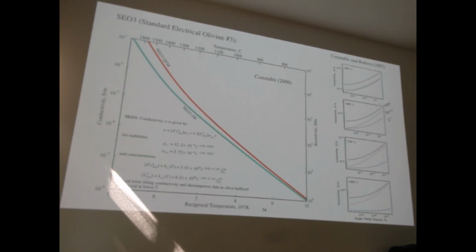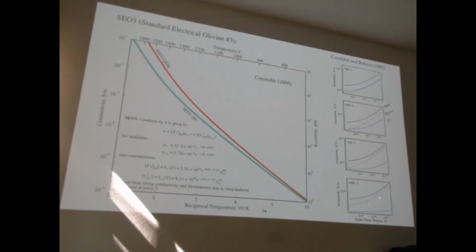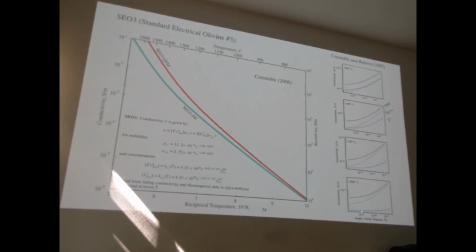So olivine conducts in two ways. At low temperatures, we have these polarons hopping between iron atoms, and at high temperatures, it's magnesium vacancies. I wrote a paper with a colleague, Jeff Roberts, where we pulled this whole system apart with some laboratory measurements. And you can see as the temperature goes up, the red line is polarons and the blue line is magnesium vacancies.